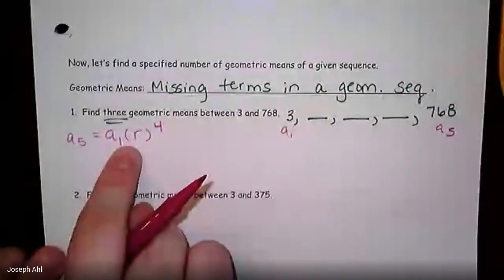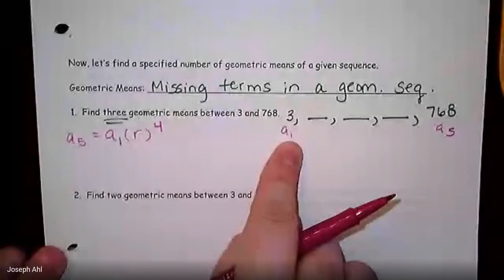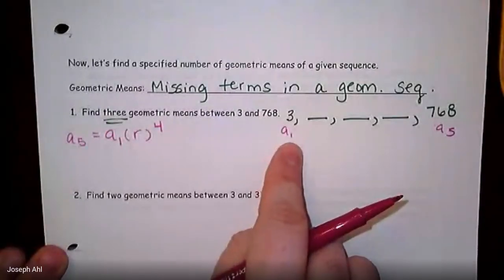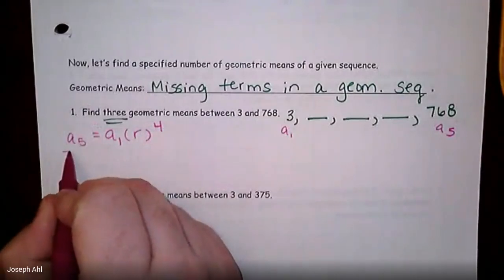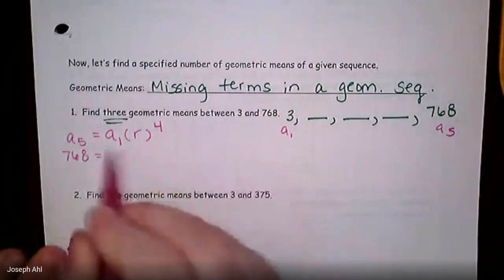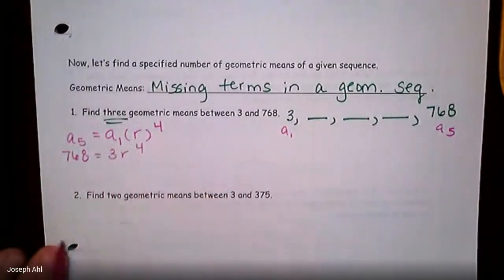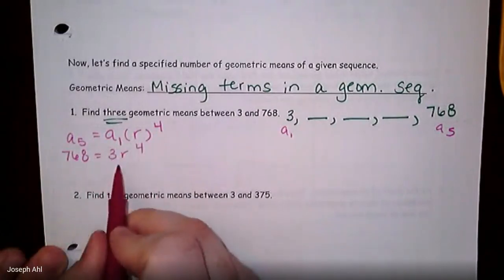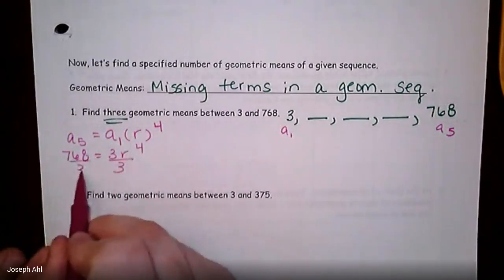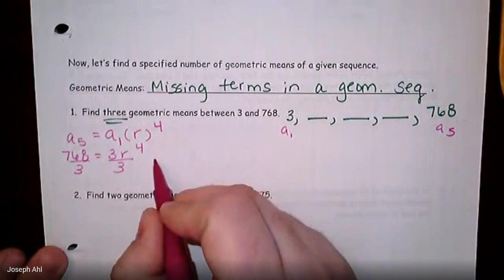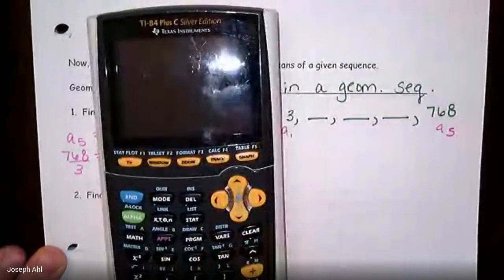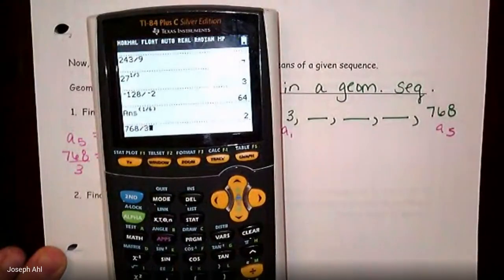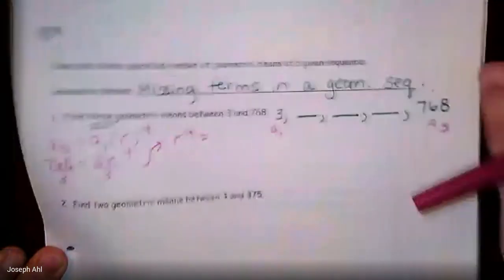The nice thing about these means questions is we'll know A1. So this will be a little bit comfortable for us here. I'm going to plug in the terms that I know. This is 768, this is a 3, R to the 4th. And based on what we saw in similar questions yesterday, you're going to divide the 3 over to come up with R to the 4th is, let's see, 768 divided by 3 is 256.